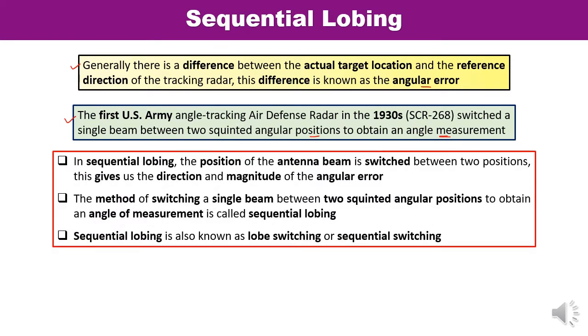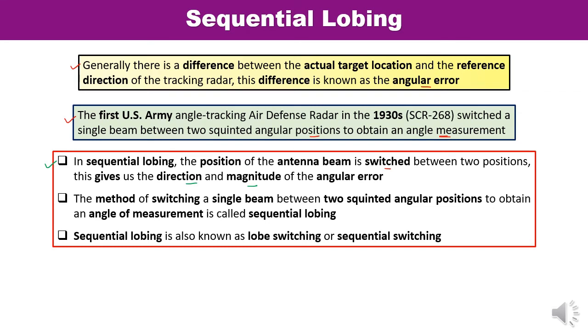So what happens in the case of sequential lobing, the topic for today's discussion? In sequential lobing, the antenna beam is switched between two positions. When the antenna beam is switched between the two positions, it gives us the direction and magnitude of the angular error. This is the requirement: why the direction and magnitude are required and how to derive them.